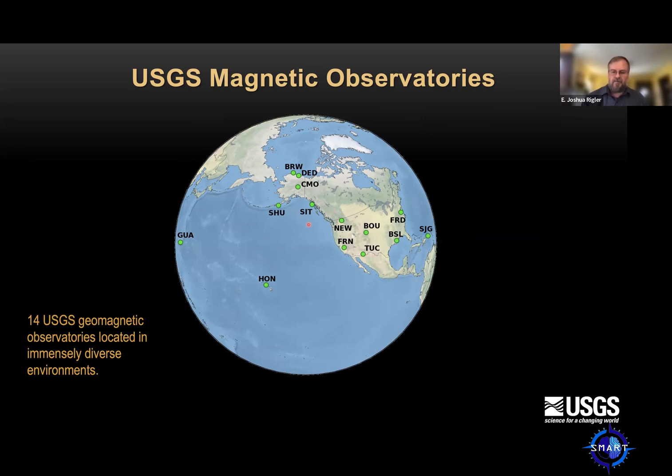We also have a fair number across the continental US, although, as we're going to see shortly, maybe not as many as we would like. We have one in San Juan and Honolulu, and one all the way out in Guam. We also have one in Boulder, which is close to where I live, and one in Fresno, which is not so close to where most of you probably live.